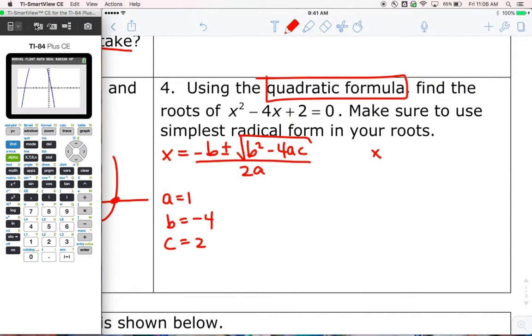Here we go. We got x equals negative b. Okay, b is in both those places, and b is negative 4. So negative 4 plus or minus the square root of b squared, so negative 4 squared. All right, what's next? Next we got minus 4a.